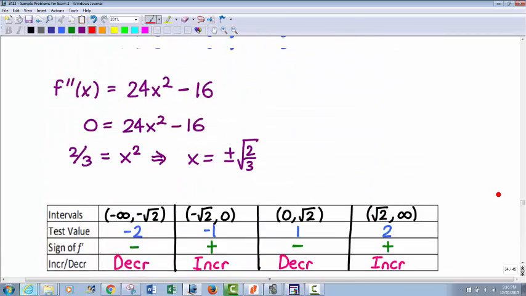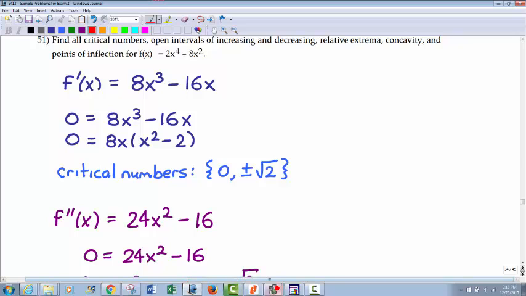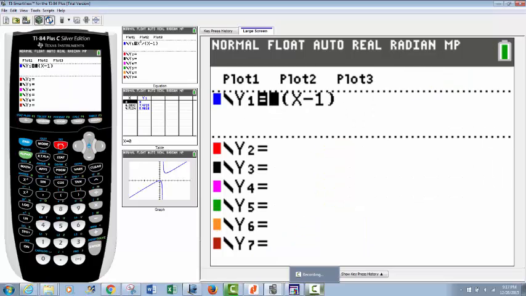Let's see. Guess I could squeeze a picture of that in there real quick. May have to, although the window is going to get kind of weird, I have to adjust because the y values are going to get large in a hurry. 2x to the 4th minus 8x squared.